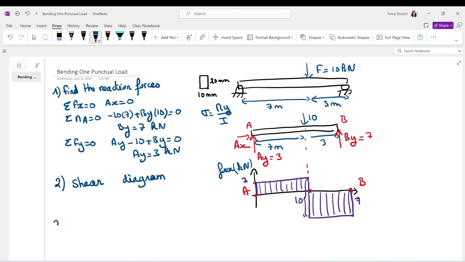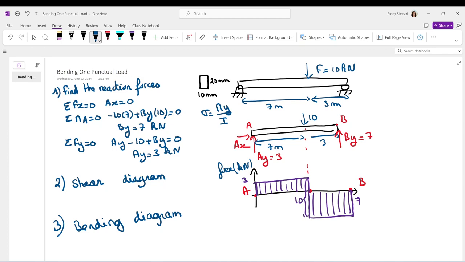Okay, number 3, the bending diagram. And for this one, we can guess the function, or at least the visual of the bending moment, what it will look like.